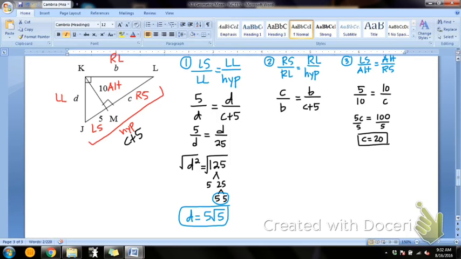Okay. All right, why don't you plug in and find out how much B is? Why don't you plug into the second now? The second proportion. Find out how much B is.